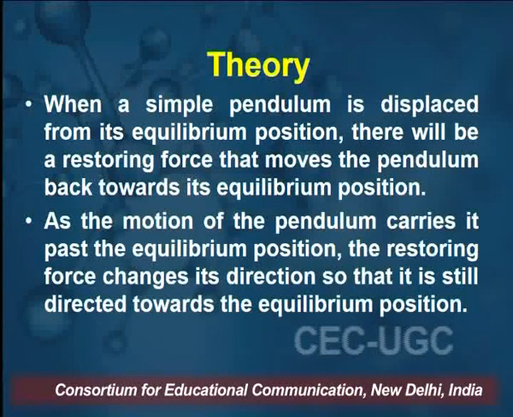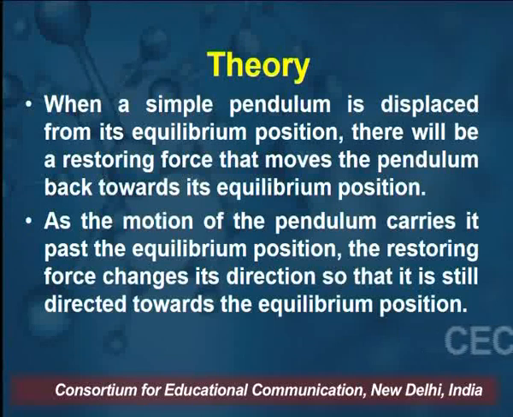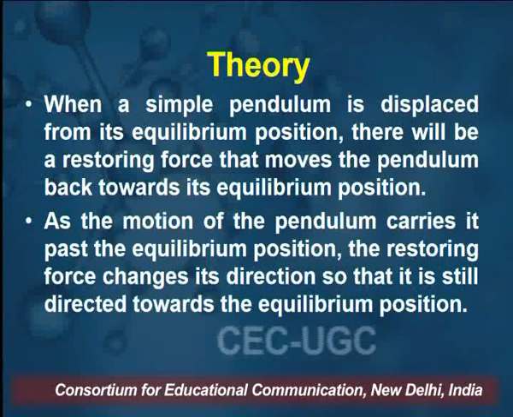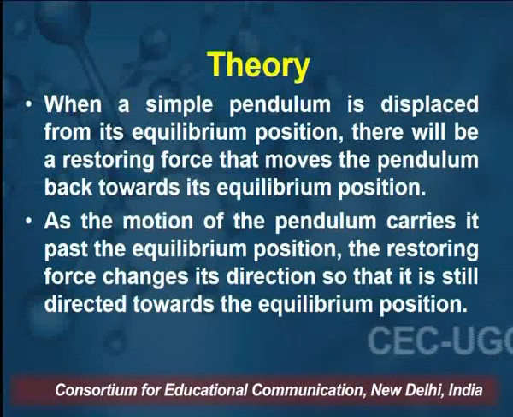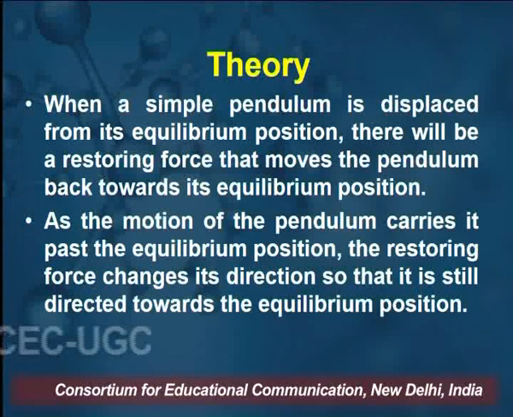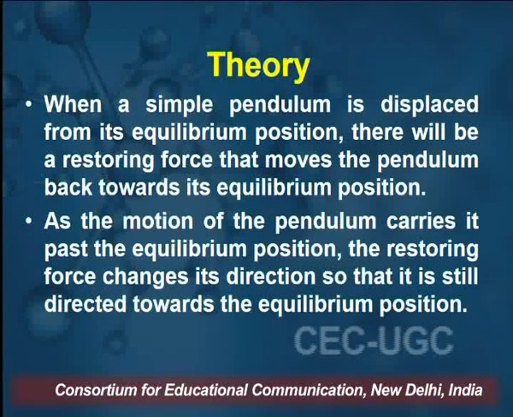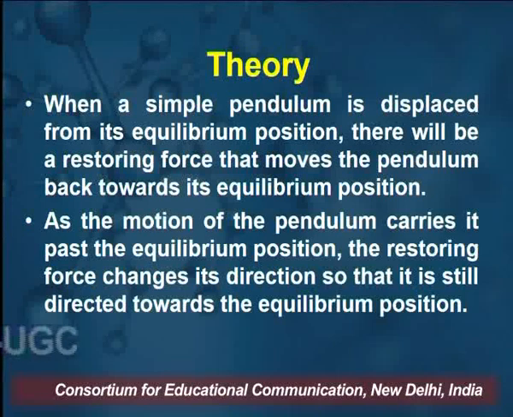Now what is the theory behind this experiment? In this experiment we discuss what formula we will use and what is the physics behind it. When a simple pendulum is displaced from its equilibrium position, meaning we give a force to the pendulum and it moves and oscillates.